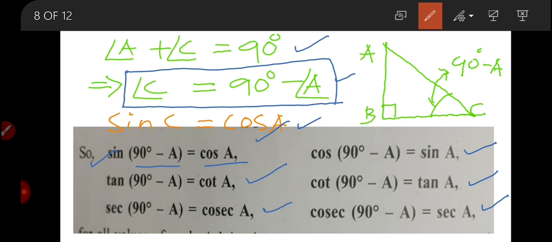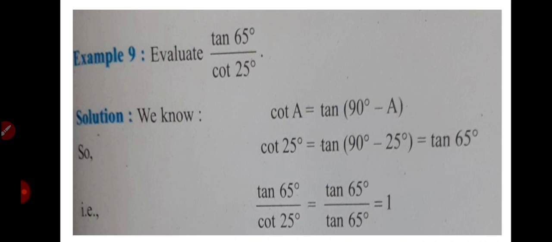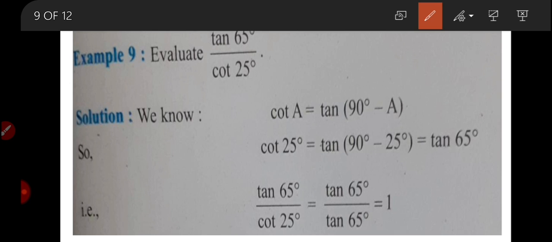Okay, you should remember all these complementary angles. Next, one problem we now solve. See example 9. What we have to do now? We have to evaluate tan 65 degree by cot 25 degree.